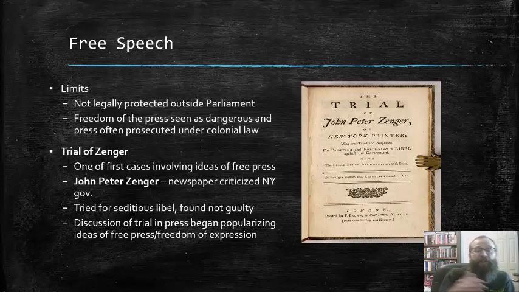And the discussion of the trial in the press began really popularizing ideas of the free press and freedom of expression that would become increasingly important as not only privileges but rights in the later 18th century.